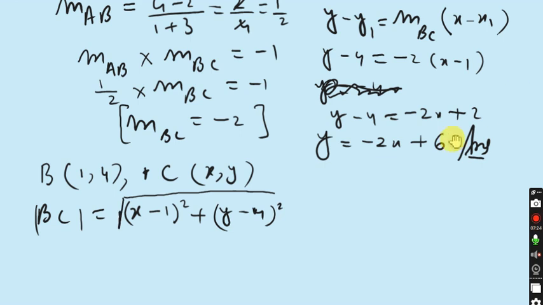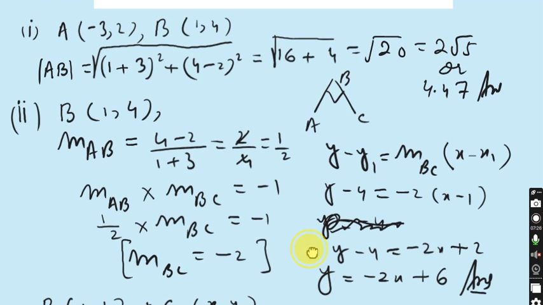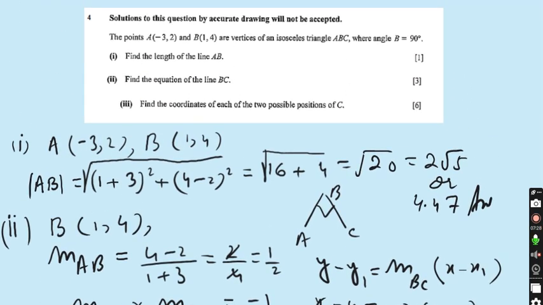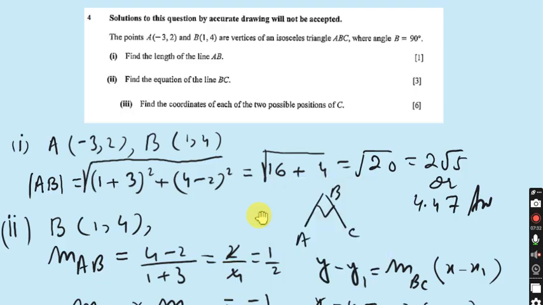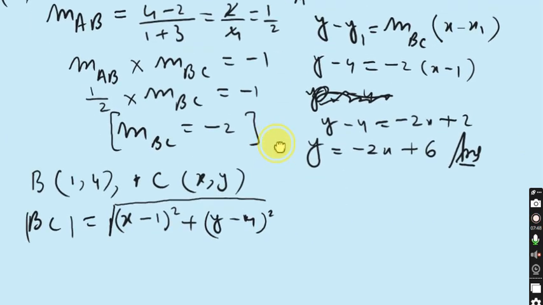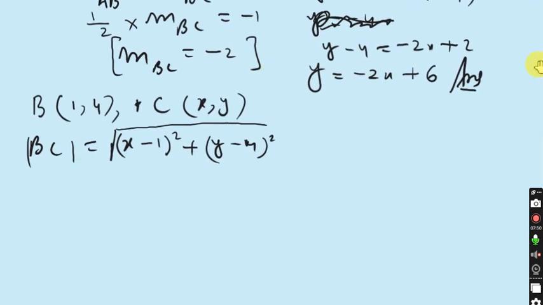Now you can see, as mentioned in the question, the points A (minus 3, 2) and B are vertices of an isosceles triangle. So you can say AB should be equal to BC, because in an isosceles triangle two angles and two sides are equal.